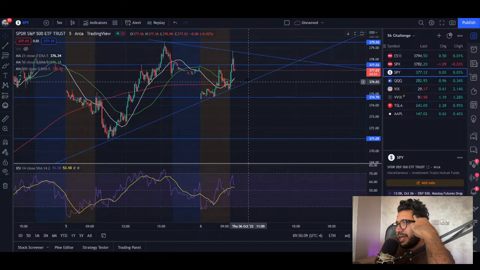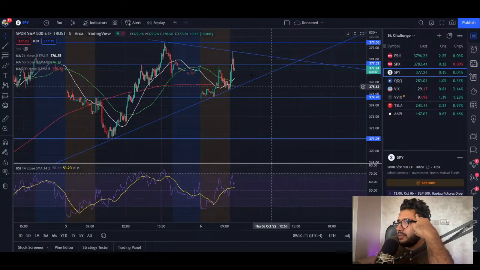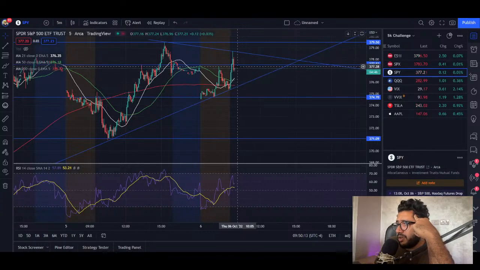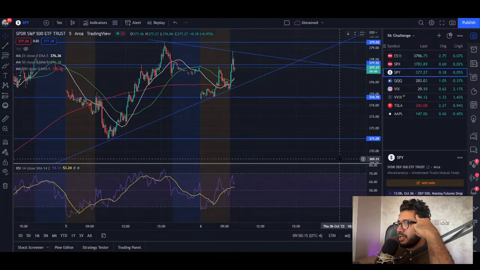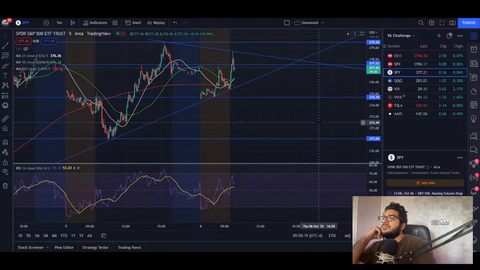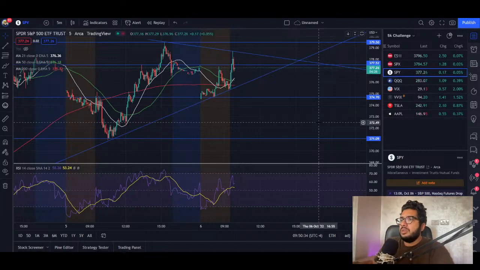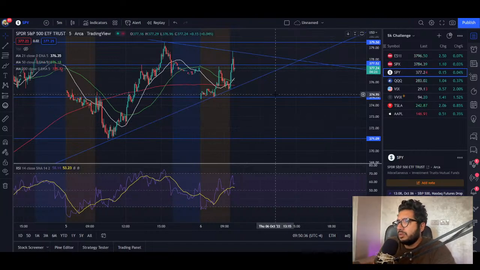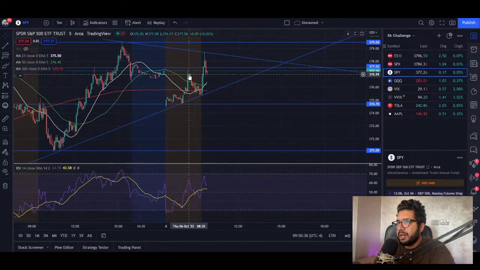So we have here a failed bull flag, obviously. Looks like we're going for the possible retest of this line, okay? So let's see what happens here. So this might be a possible trade.